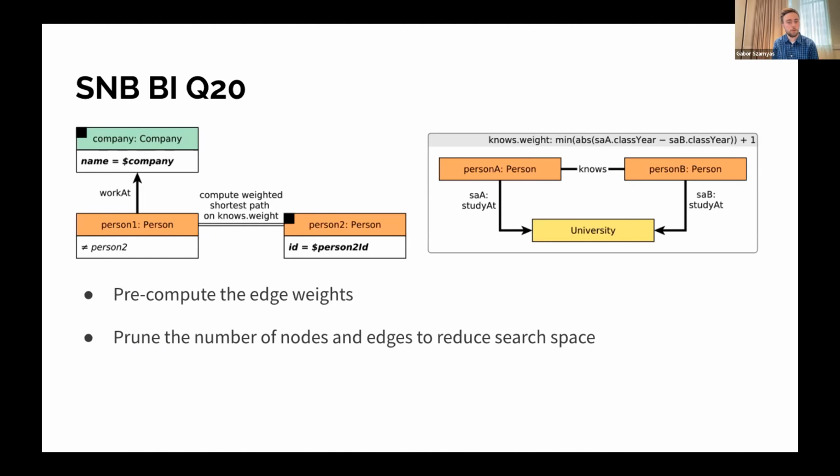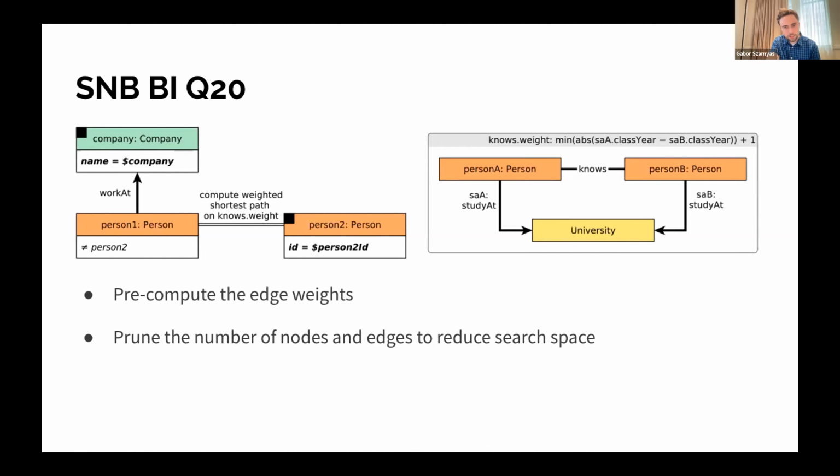And the weight between person 1 and person 2 is, well, they first need to know each other and they need to have studied at the same university. The weight of the edge is then the absolute value in difference between when they started studying. In this case, we do pre-compute the edge weights, and we can prune the number of nodes and edges, which reduces our search space.